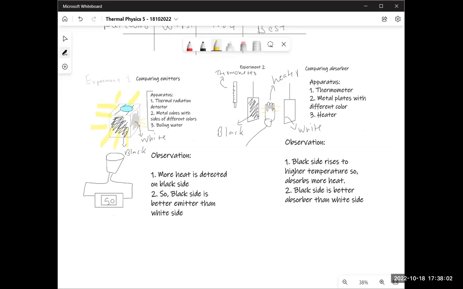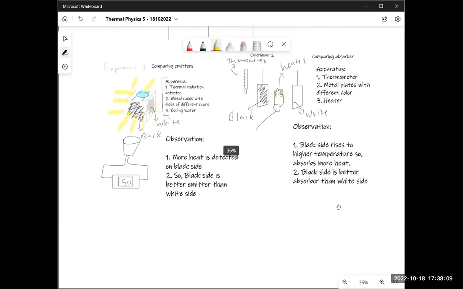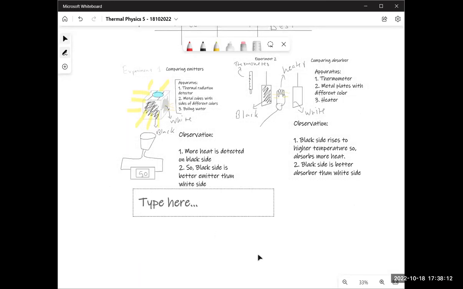Now we have the final thing, which is called thermal capacity and latent heat. After this, we're doing thermal capacity, latent heat. Write this quickly. Tell me when you're done.